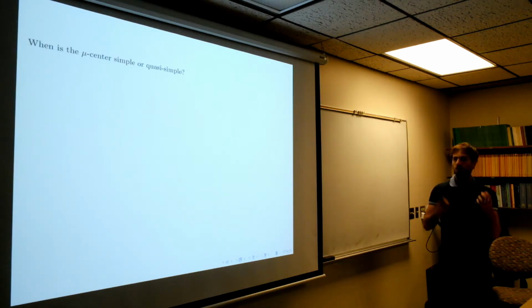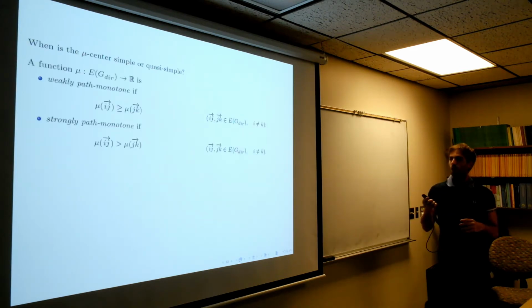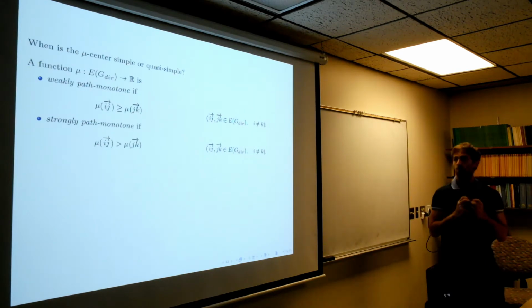Okay, so let's ask ourselves, when is the mu center of a graph simple or quasi-simple? Because in some way we want to constrain the size of the center. Well, it turns out that this property, path monotonicity, is important.